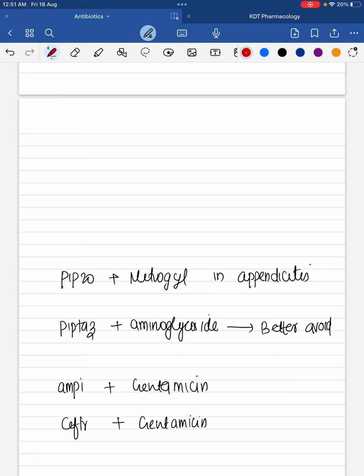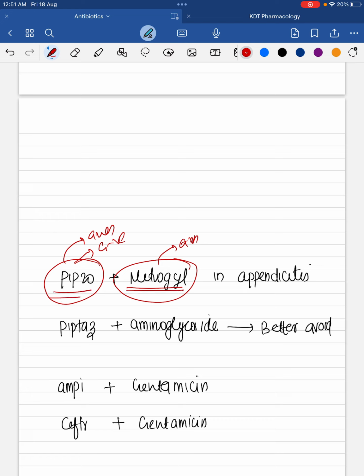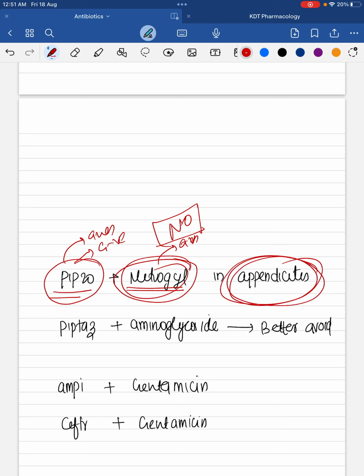Next one, Pibzo and Metrogel, metronidazole. Pibzo has anaerobic coverage, Pibzo has gram negative coverage. Metronidazole is for anaerobic coverage. So is there any need to add Metrogel during Pibzo? No need to add Metrogel in case of appendix and other abdominal infection if you are giving Pibzo.